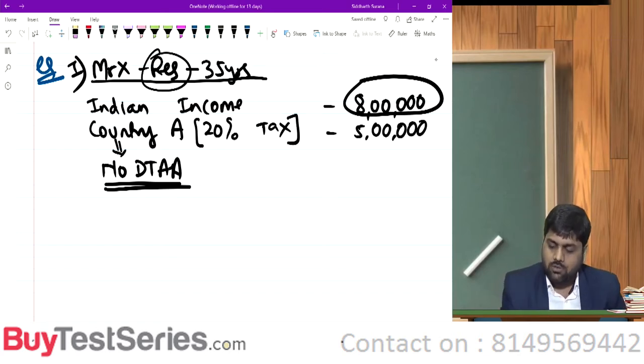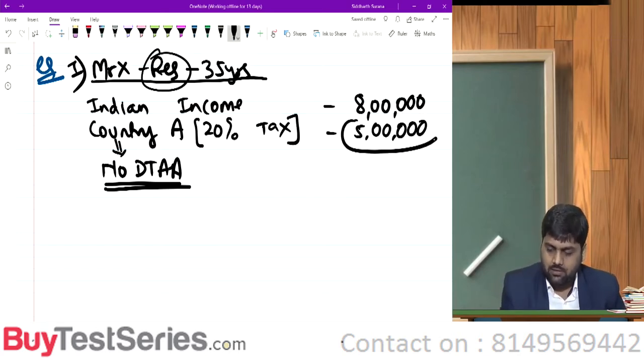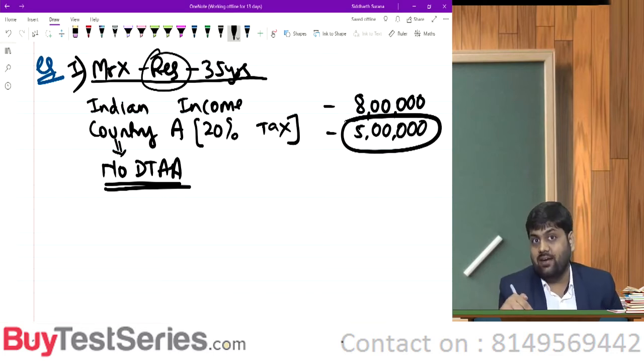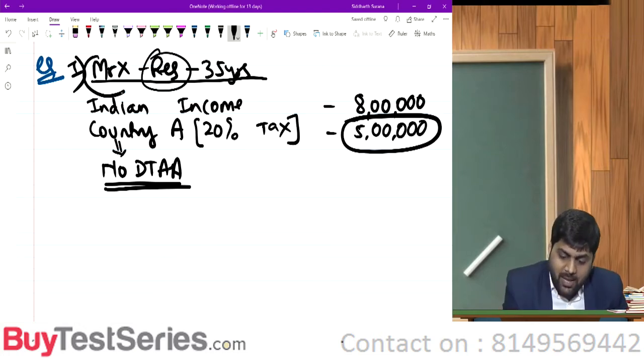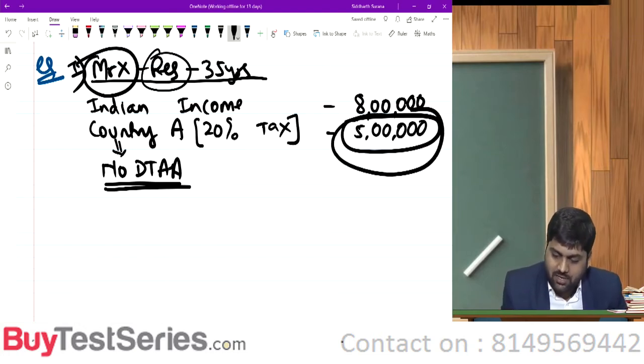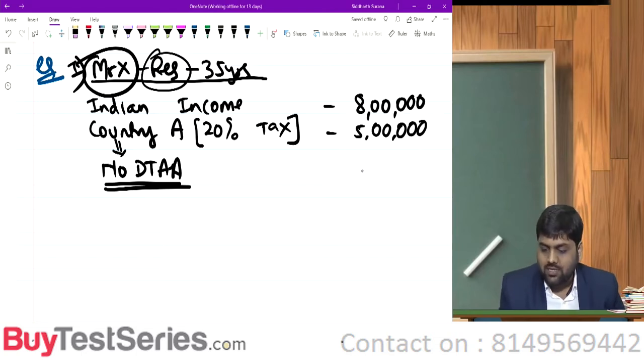Now let's talk about 5 lakh. Residence in India, so taxable on the basis of principle of residence. Source in country A, taxable on the basis of principle of source. Same person, same income getting taxed twice, one country on the basis of residence, other country on the basis of source. Can I say this time double taxation has taken place?